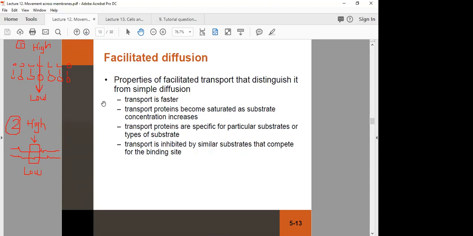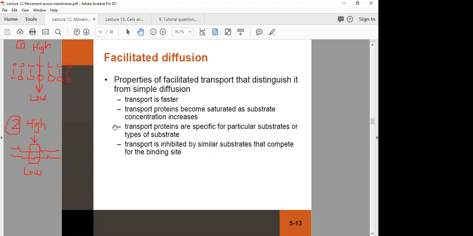All right, so let's wrap up facilitated passive diffusion. Properties of facilitated transport that distinguish it from simple diffusion. Transport is faster. Transport proteins will become saturated as the substrate concentration increases.